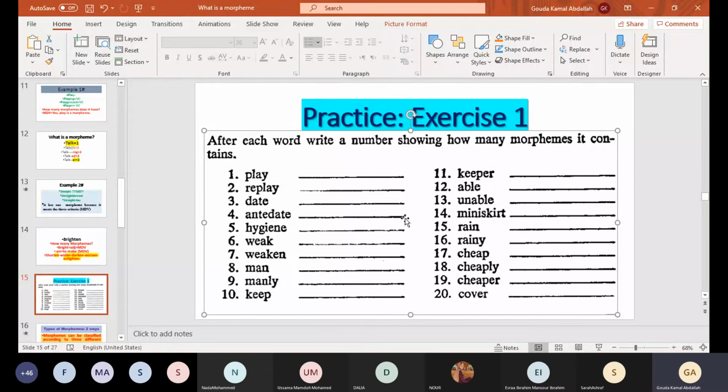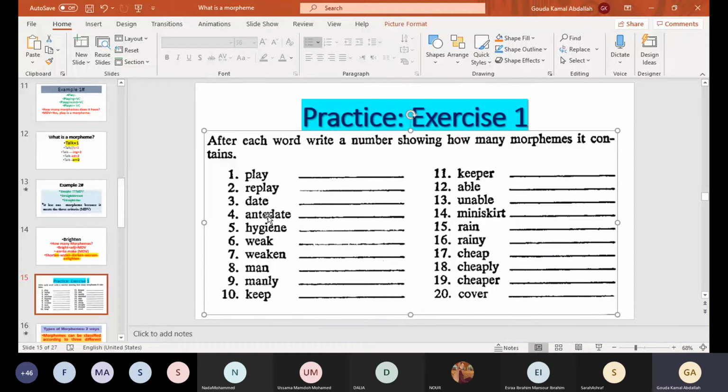So, for example, if I submit my assignment two days ahead of the deadline, this would be an ante-date submission. So ante means before the date. So here we have two morphemes. The first one is ante, the second one is date.